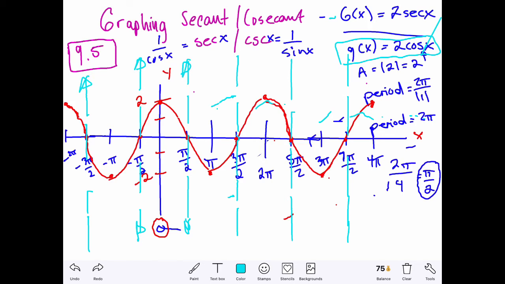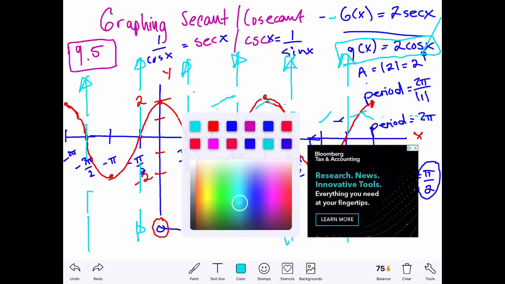Those are vertical asymptotes, lines that our graph approaches but does not cross. So once we draw our secant, we don't cross those lines.